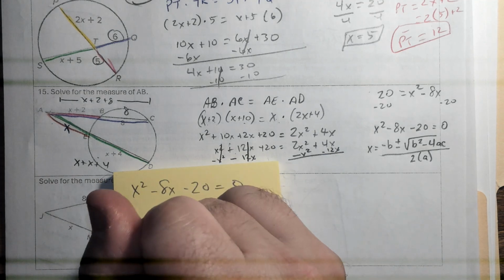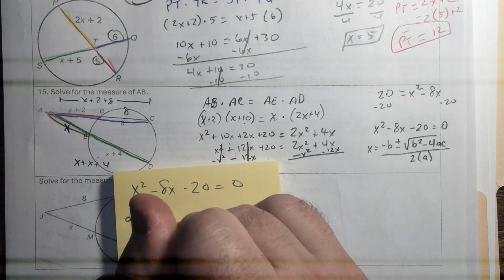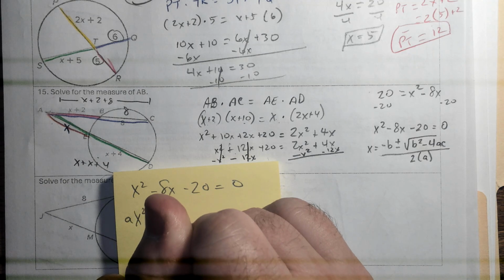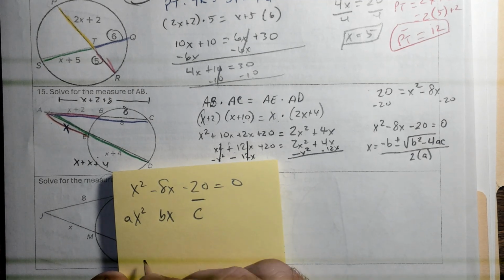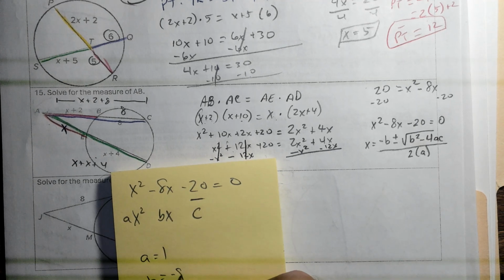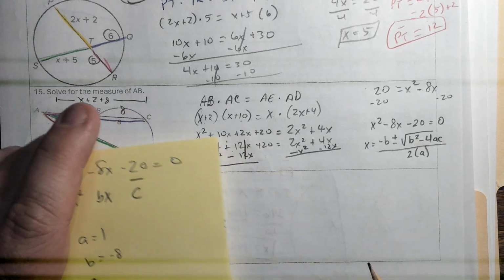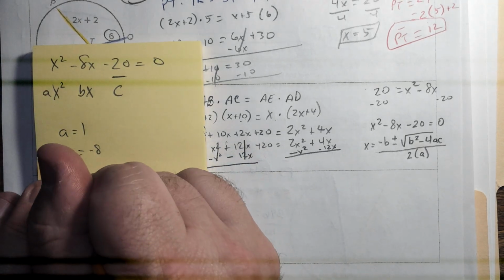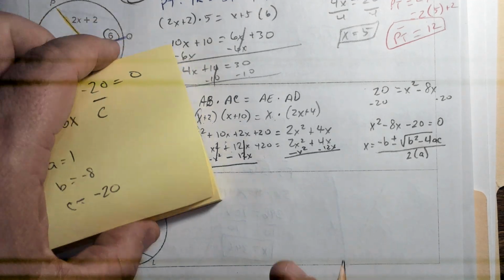Your a goes with your x squared. Your b goes with your x, and then your c is the number here. So a in this case is 1, b is negative 8, and c is negative 20.